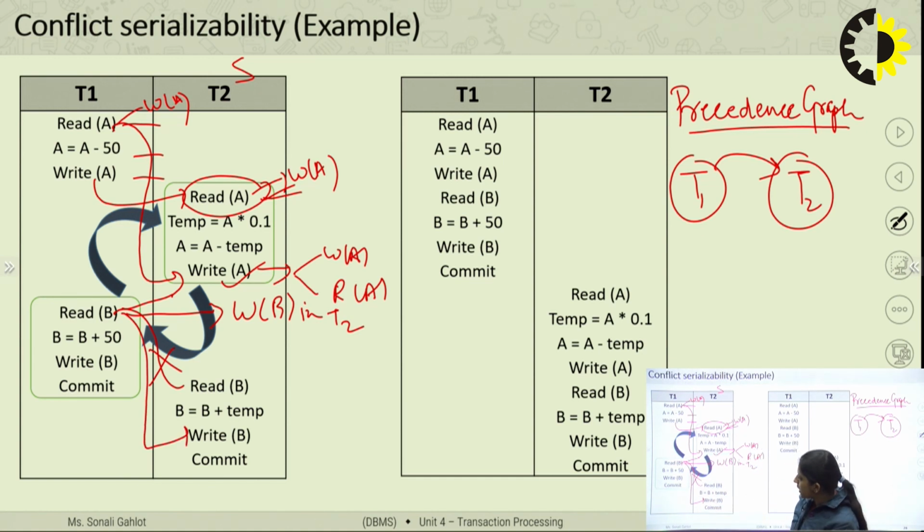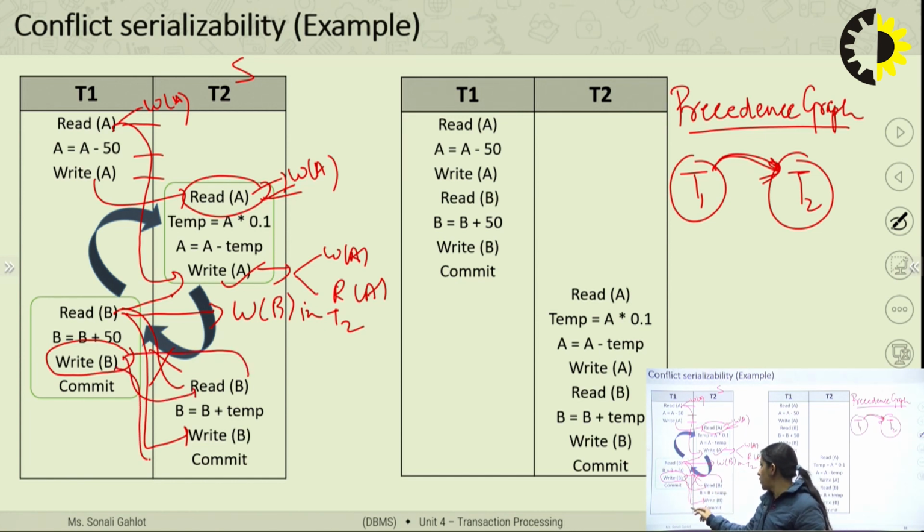Again we draw an edge from T1 to T2, which is the same edge. Then we check write B for any conflict pair in the T2 transaction. Yes, there is one, and again we draw an edge from T1 to T2, which is again the same edge.